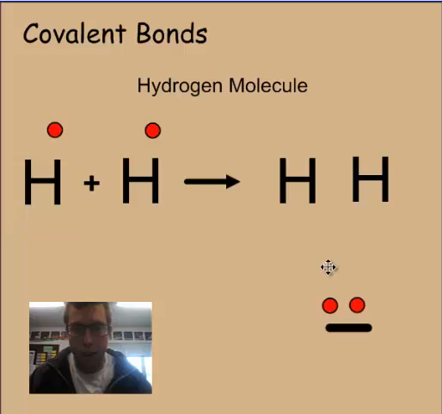So you actually could write it like this if you're going to drag these up. And you put them between the 2 H's to show that they are sharing them. So this is kind of a neat way of hydrogen getting the best of both. They share their electrons and now they have a complete outer circle, both of them.